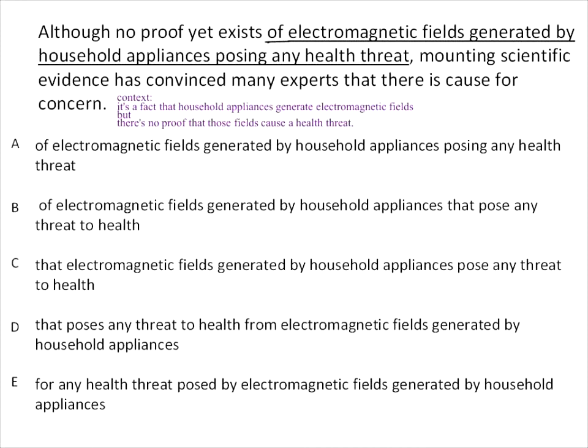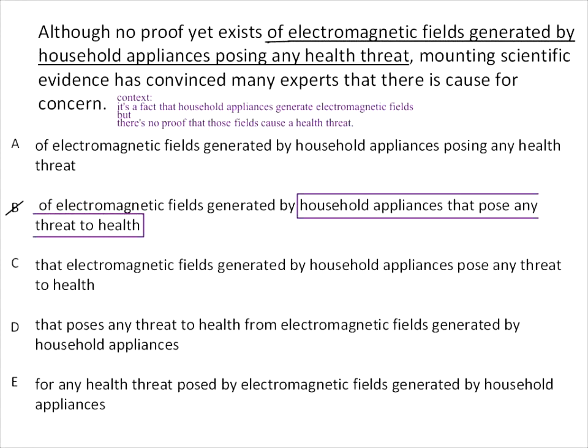So the problem with B then is that B is an incorrect modifier. You've got that "pose any threat to health" is tagged on to household appliances. So that's just not the right meaning. It violates this particular context that we're talking about.